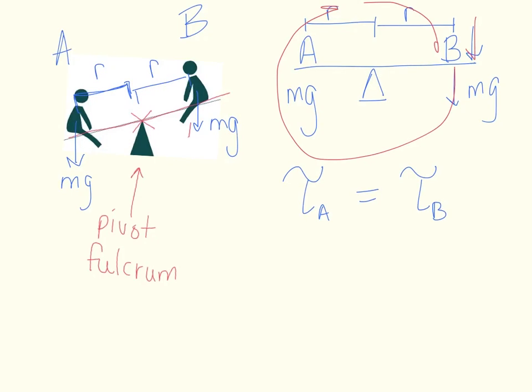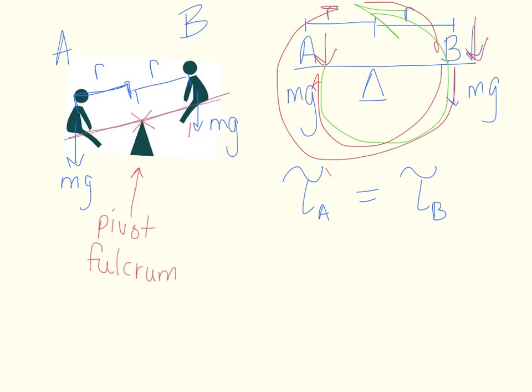So if I'm pushing down on B this way, and you're pushing down on A on this side, are we both pushing clockwise, or is one of us pushing the opposite direction? Well, I'm pushing clockwise and the other person's pushing counterclockwise, because person A would make it go this way, and person B is clearly making it go this way. So we're balancing each other out.